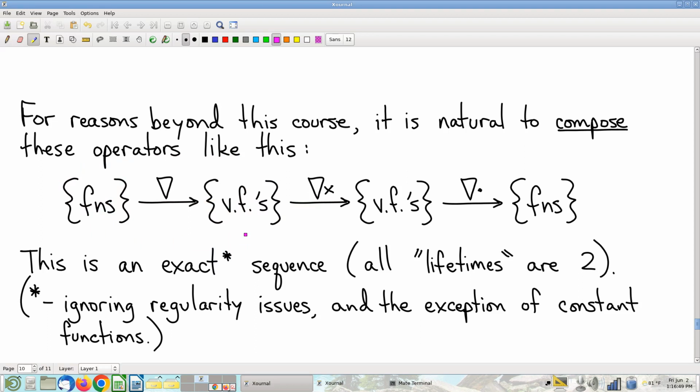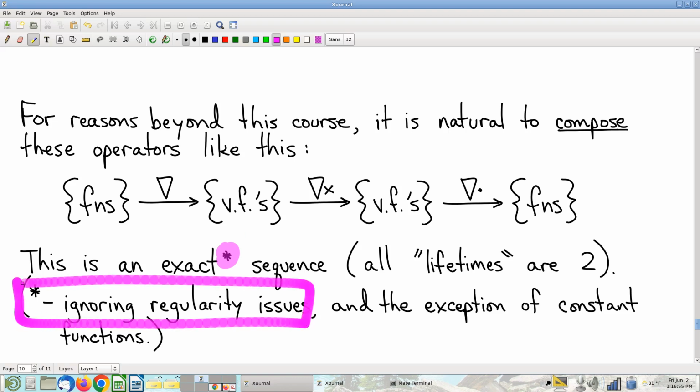And on the topic of trust, let me talk about this asterisk right here. You do have to worry. There are some what we call regularity issues. What if the vector field isn't continuously differentiable? Oh gosh, all these kinds of things. If you're worried about continuity and differentiability, it does get weird, and that's a more difficult conversation that we can't go into, right?